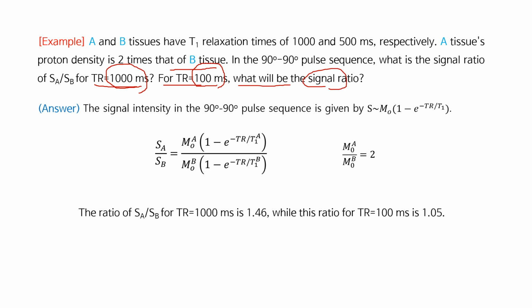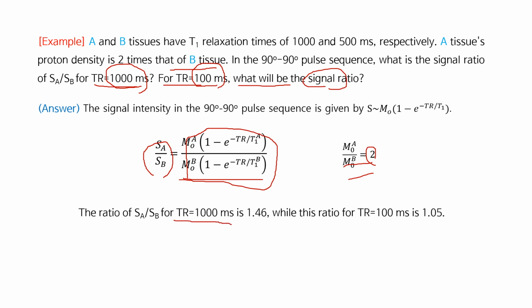The signal ratio is calculated by using this equation, and the proton density ratio is given by 2. So we can put the numbers here.